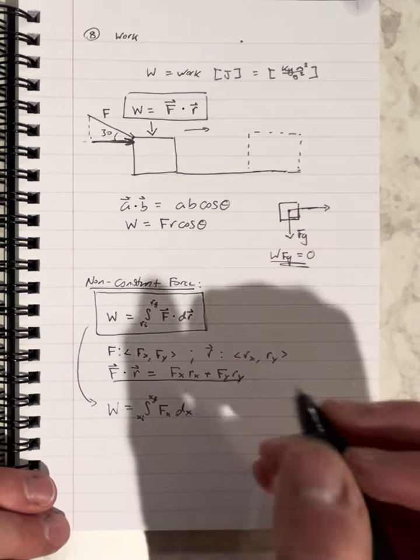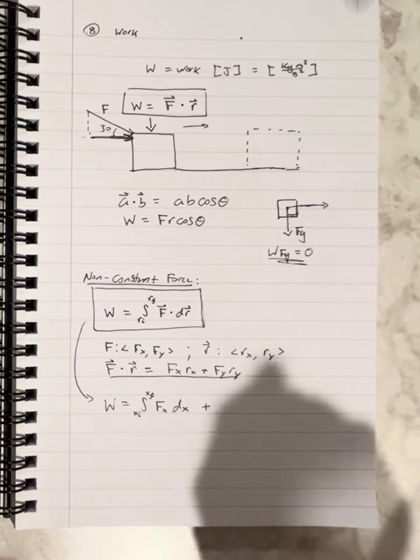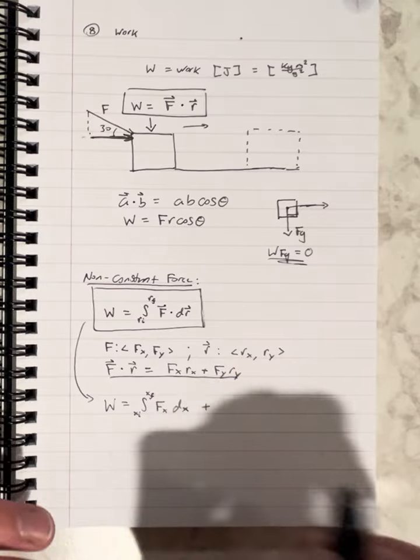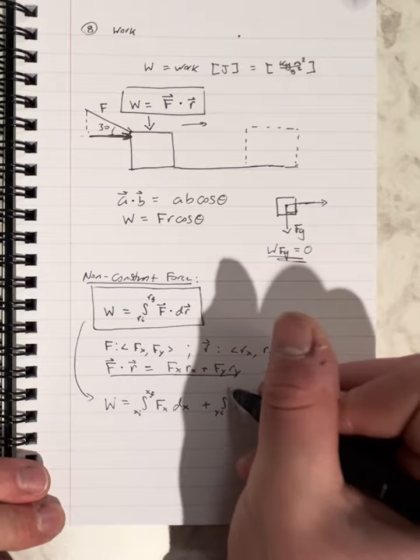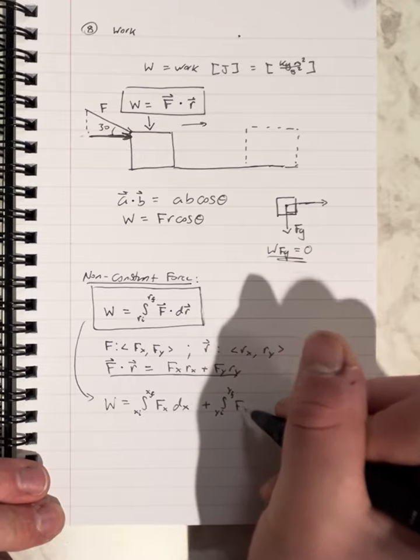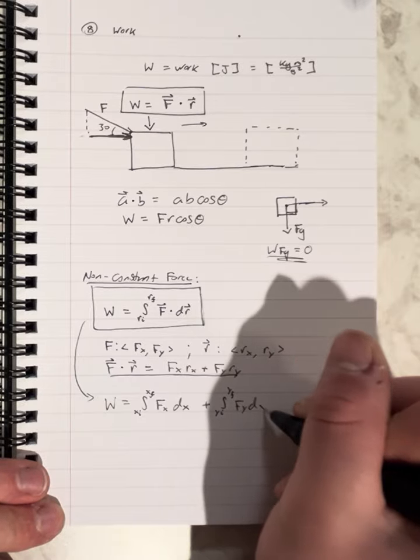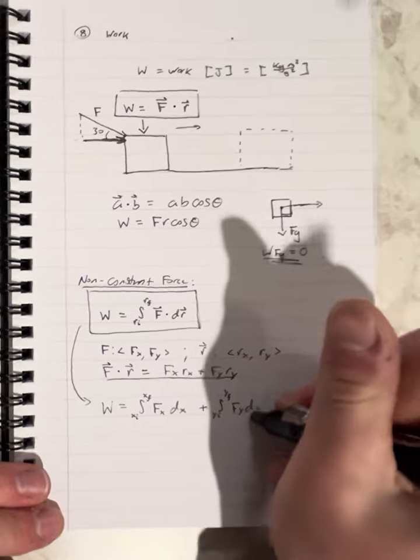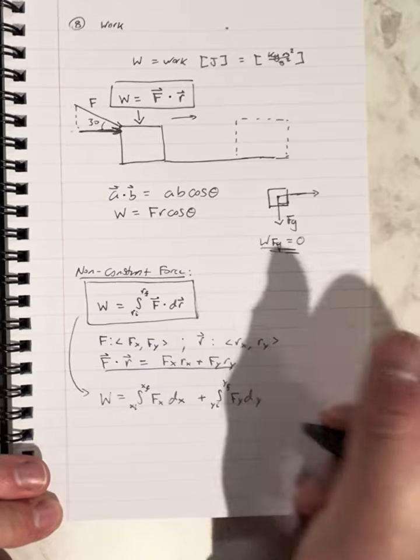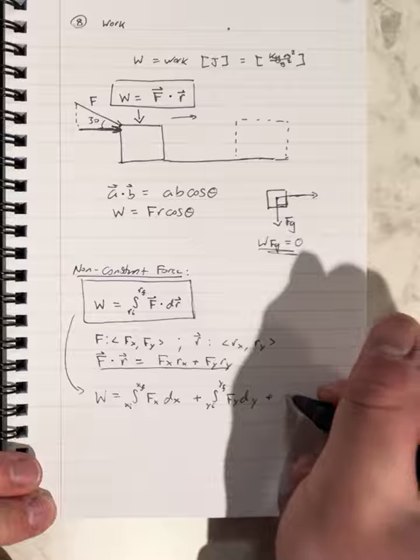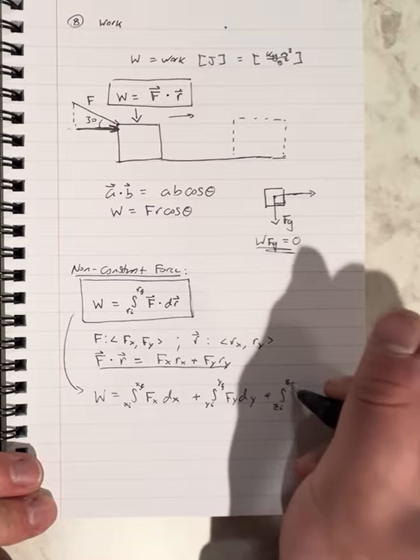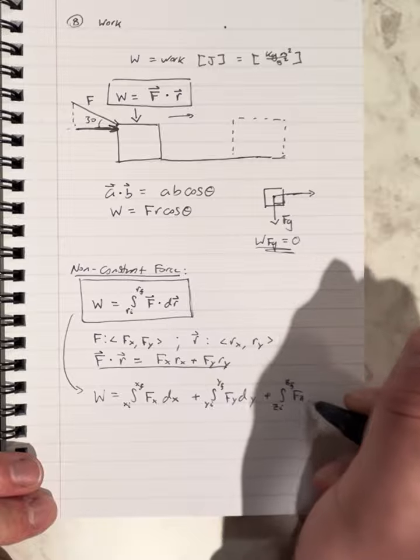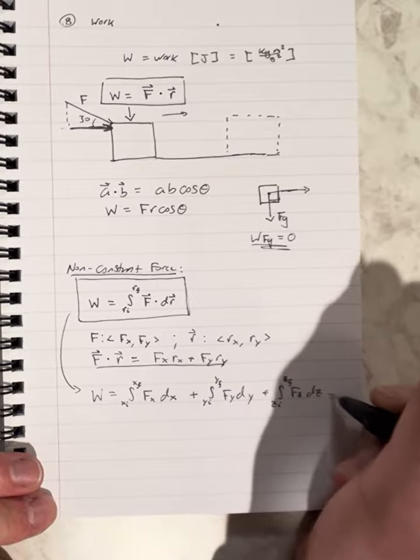So Fx dx plus, because remember, work is additive. It's not a vector. We can just add it all up. The integral from some initial y to some final y of the force in the y direction times the displacement in the y direction, plus, if we have a z direction, the force in the z direction times dz, and so on.